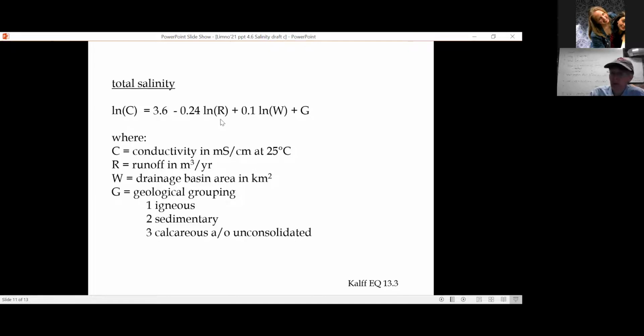Runoff, on the other hand, so the amount of rainfall that doesn't evaporate, is runoff, capital R. And you can see that as runoff goes up, if R is a bigger number, the natural logarithm of R will be a bigger number, and that makes the total conductivity go down because it's negative.